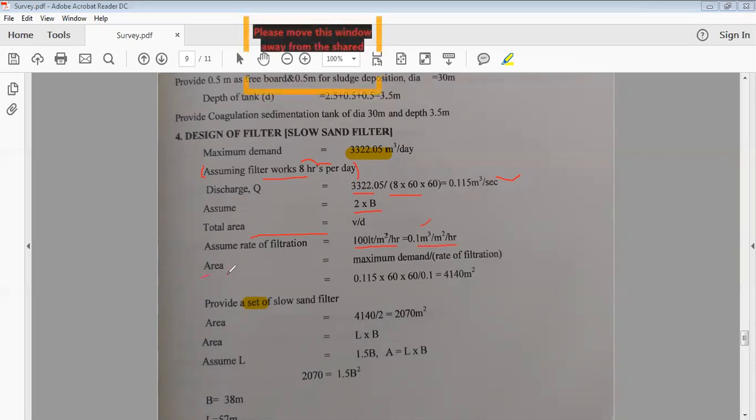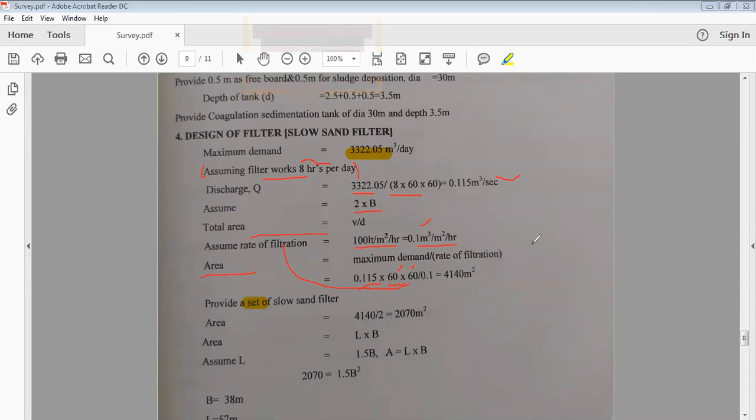So now area is important for us, so we do that. Maximum demand is this much, we know, and we multiply it by, in terms of second, 16 to 60 and divide it by this rate of filtration. Q by R actually. Okay, that becomes your area here.